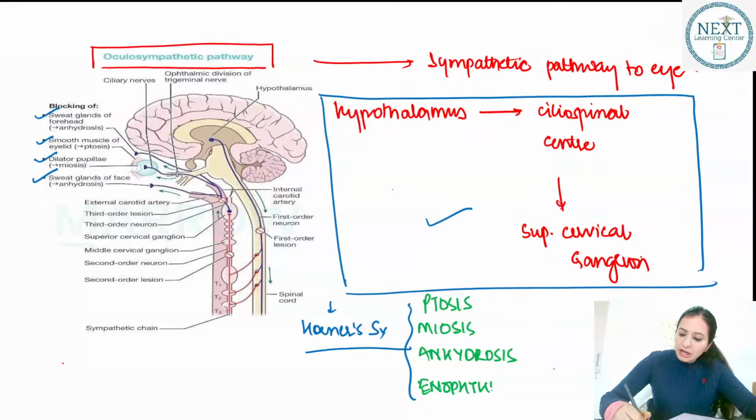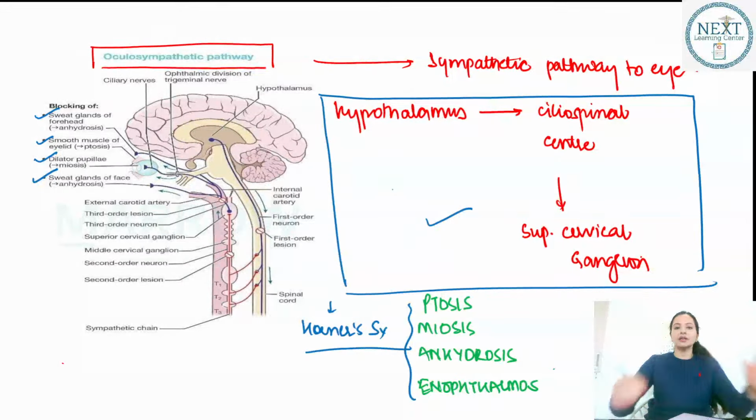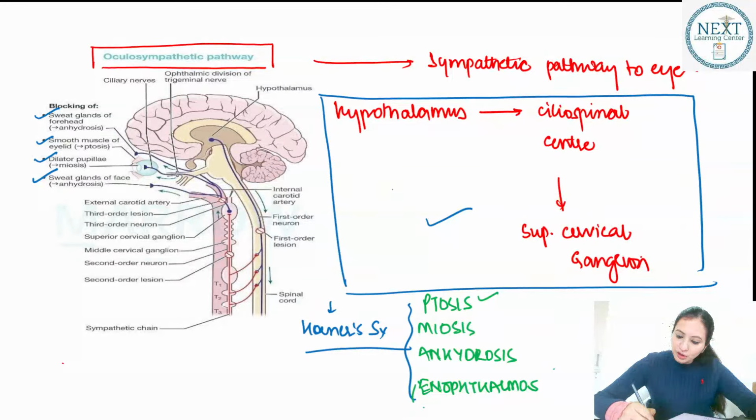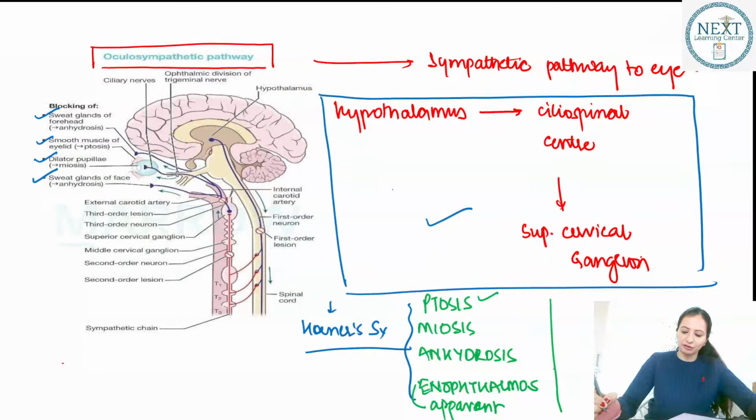Enophthalmos means your eyeball will appear to go inside. Basically what happens is there is decrease in the palpebral aperture, which is occurring due to ptosis. So it will appear as if the eyeball has moved inside. So you will call it as apparent enophthalmos. It will appear as if the patient has enophthalmos. So this is your Horner syndrome. Again, a previous year question.